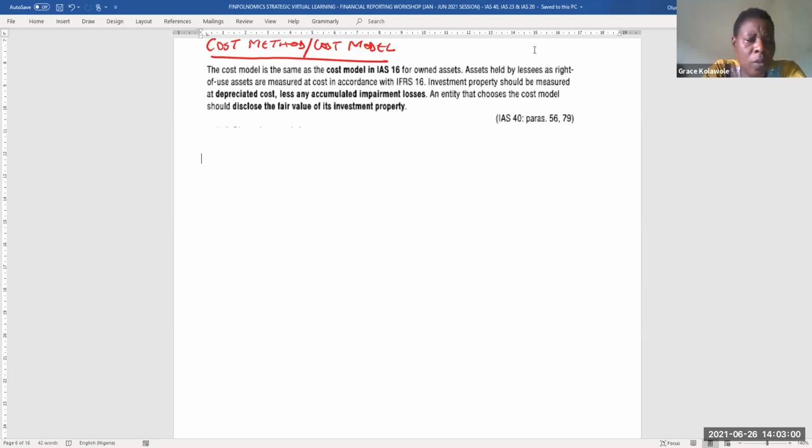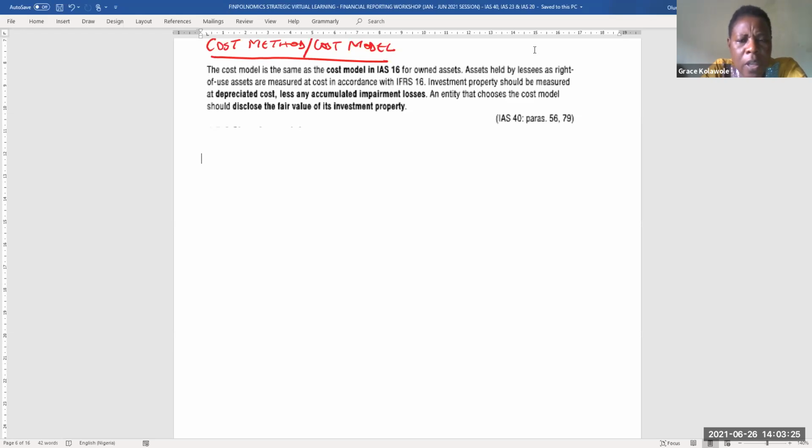Okay. Cost method, or cost model. The cost model is the same as the cost model in IAS 16 for owned assets. Assets held by lessees as right-of-use assets are measured at cost in accordance with IFRS 16.